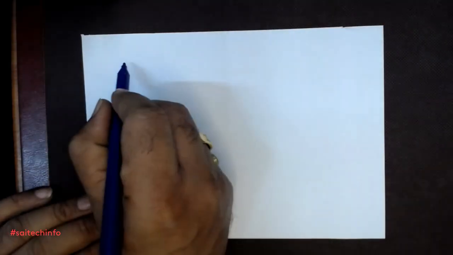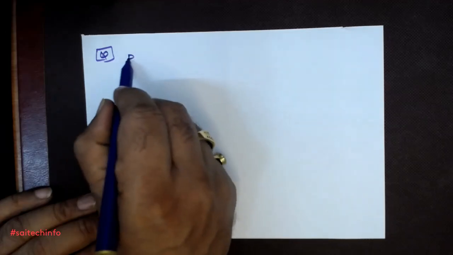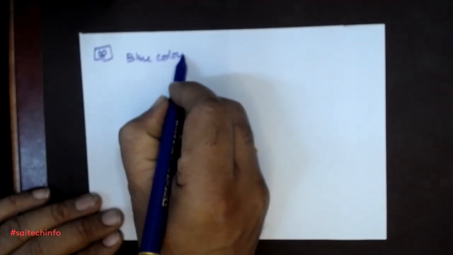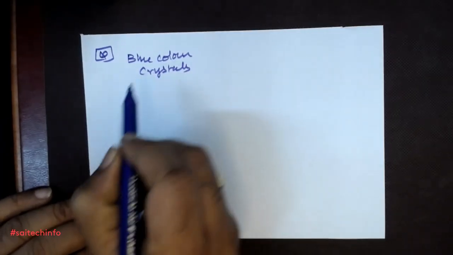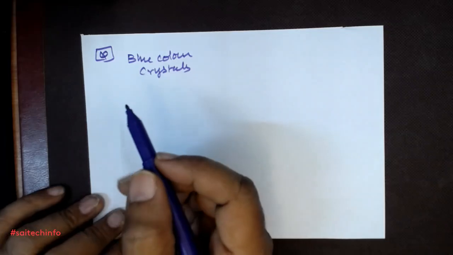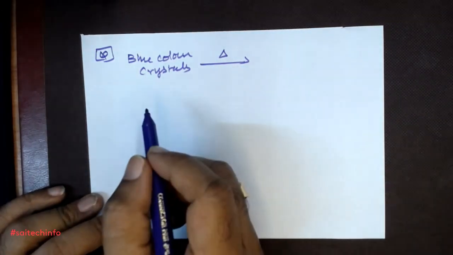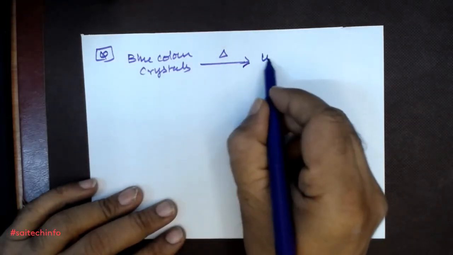So what is given here? Blue color crystals. On heating, it becomes colorless or white.